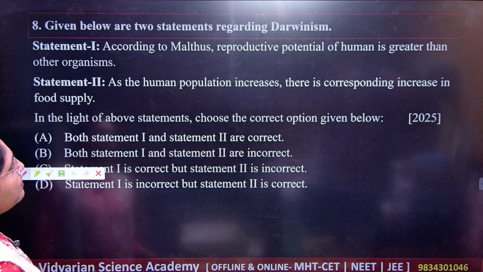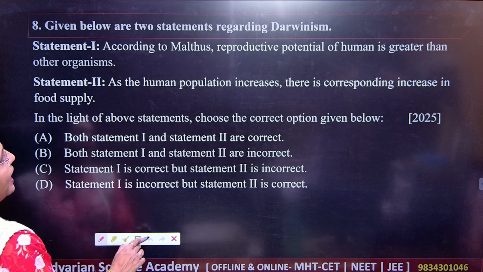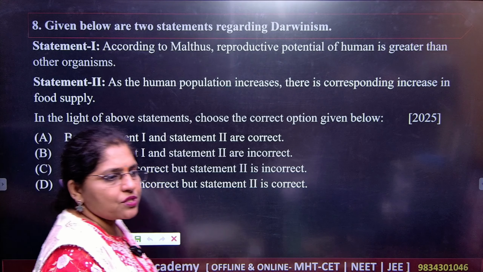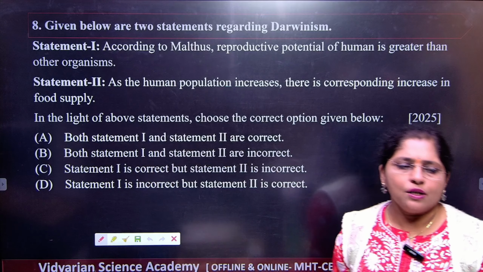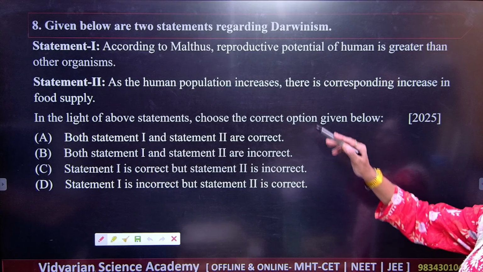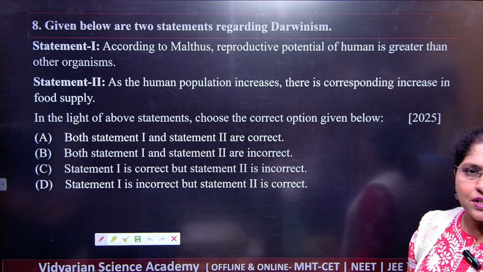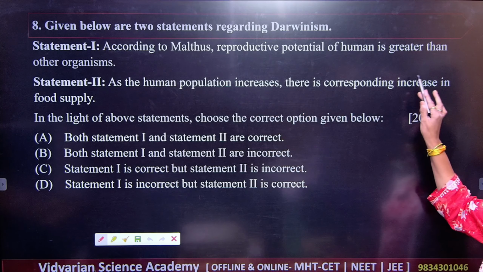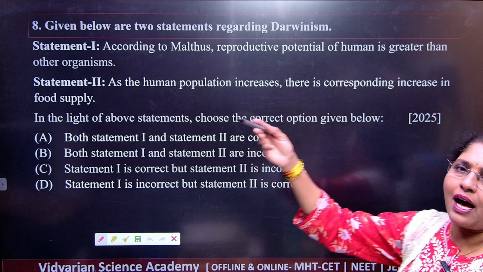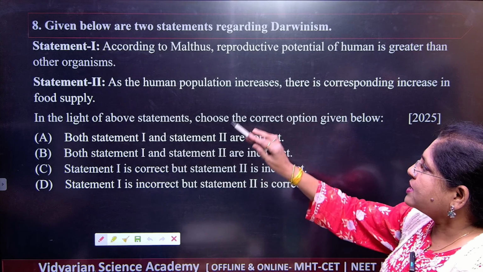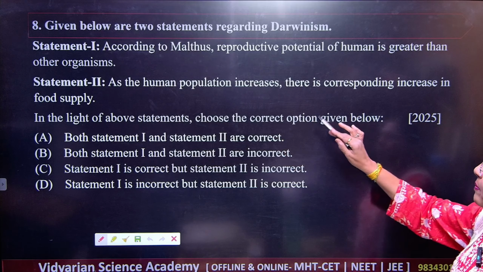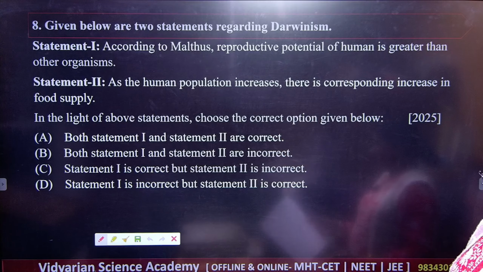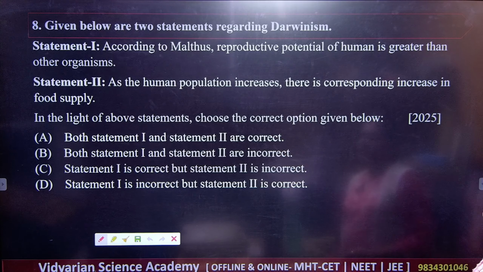Next, given below are the statements regarding Darwinism. Read the statements carefully. Statement one: according to Malthus, the reproductive potential of humans is greater than other organisms. Statement two: as per human evolution, as population increases, there is a corresponding increase in the food supply.